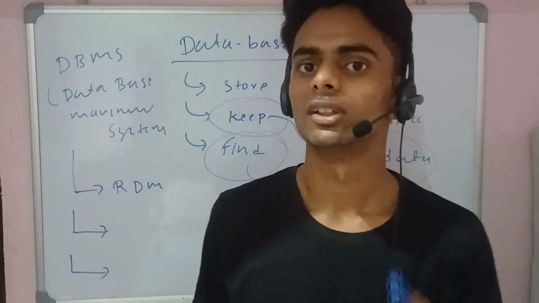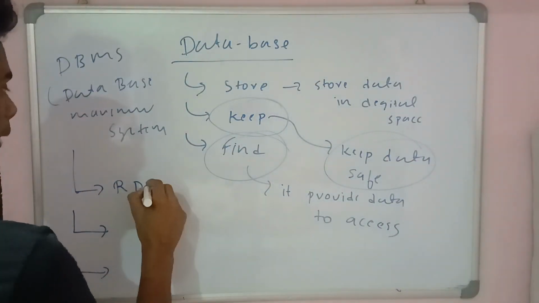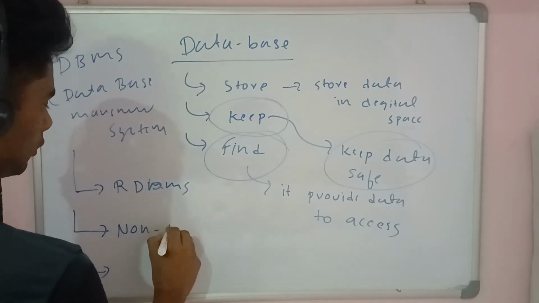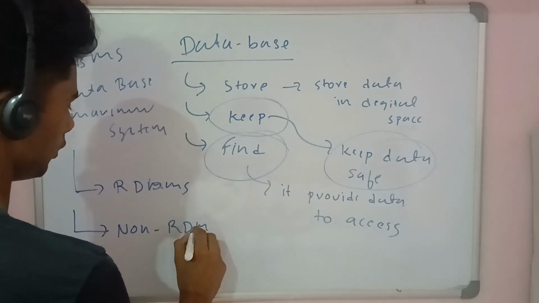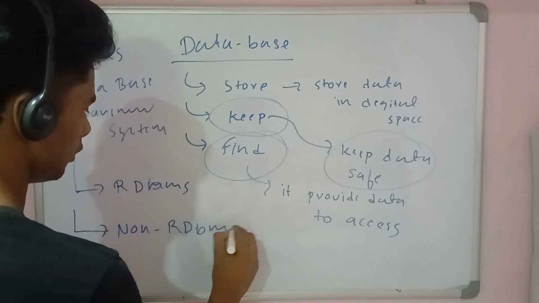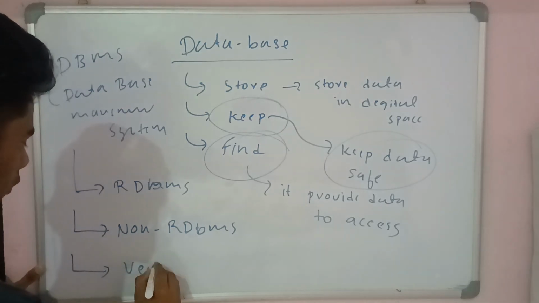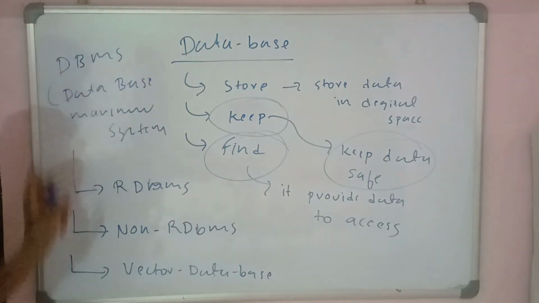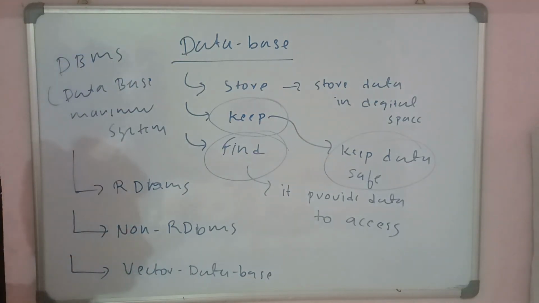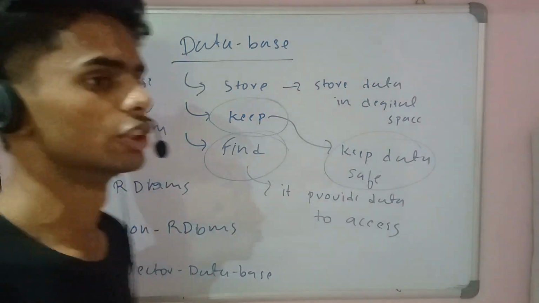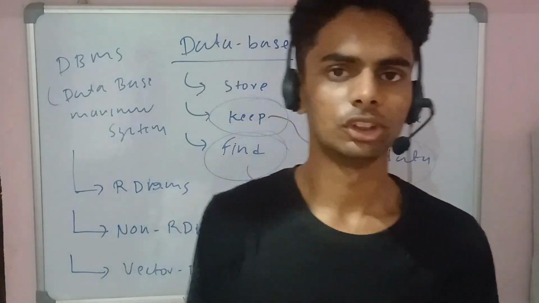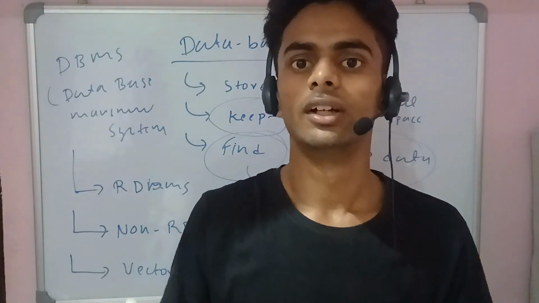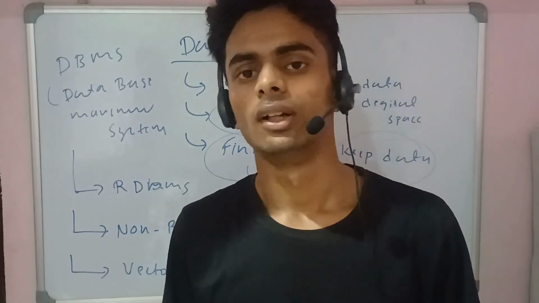So there are three types of database. The first one is RDBMS, the relational database. It stores information in a structured way, in table format, with all the data, numerical and textual.